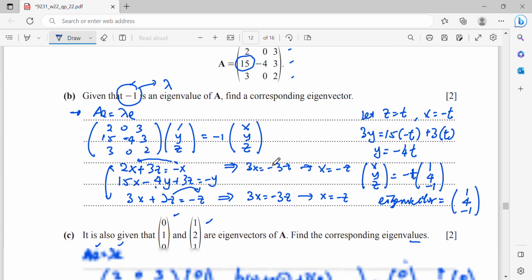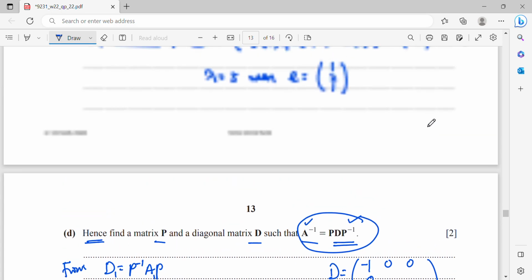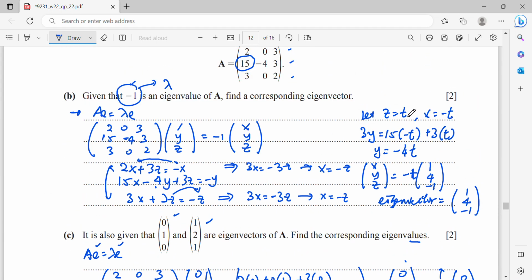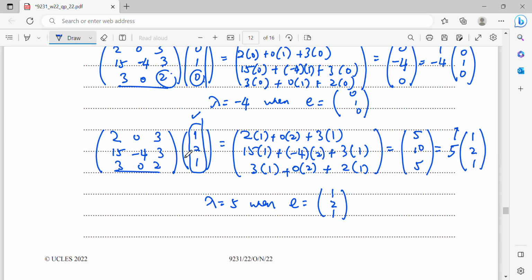So now, the inverse of -1 means that it will be 1 over -1. So I will get -1 as well. Then, when lambda equals -1, my eigenvector will be 1, 4, -1. So I have to write here 1, 4, -1, so that the column of P is basically the eigenvector corresponding to the first eigenvalue. So now, my second eigenvalue will be -4.